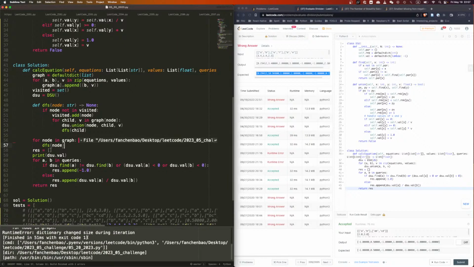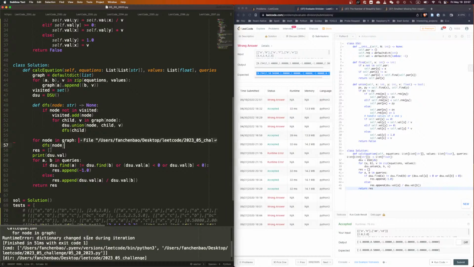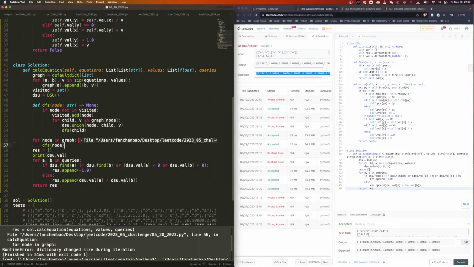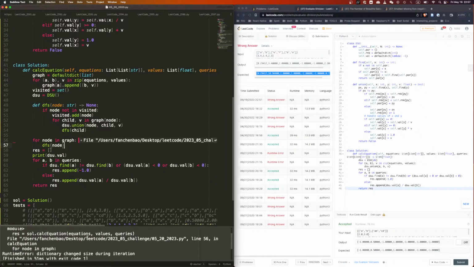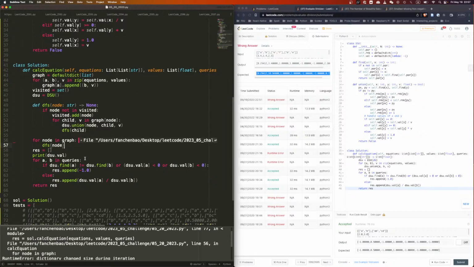Dictionary change size. How does dictionary change size? Huh?